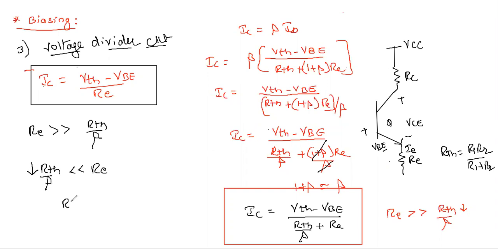RTH is given by R1 R2 divided by R1 plus R2. Here I said R1 is much greater than R2, or R2 is less than R1. Whenever two resistors are in parallel, a combination of a high resistance with a low resistance, approximately the value will be equal to the low resistance.